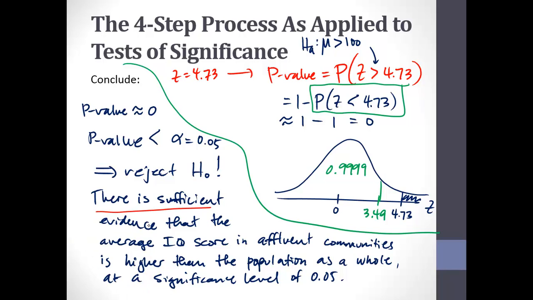We'll say there is sufficient evidence. Then you fill in what you're talking about here, so that mu, which here is the average IQ score in affluent communities, and then say what you've concluded about it. So we've concluded that it's actually larger than the population as a whole.